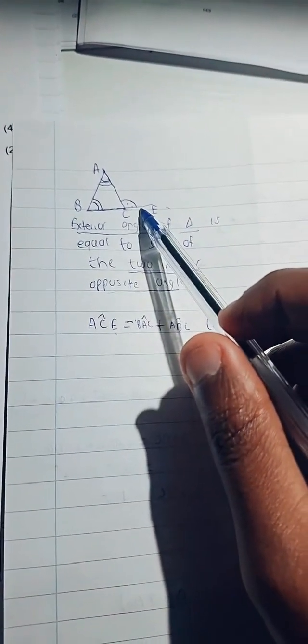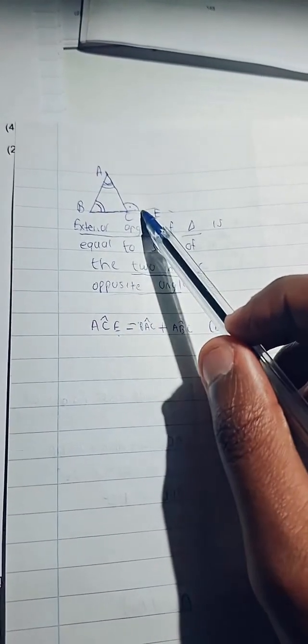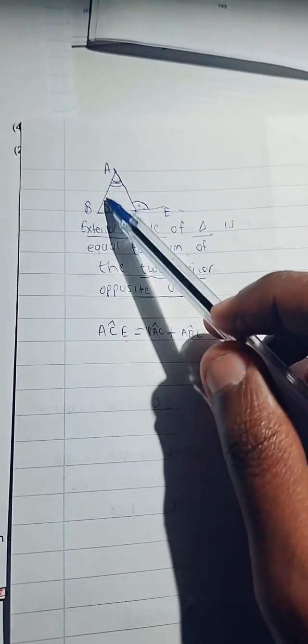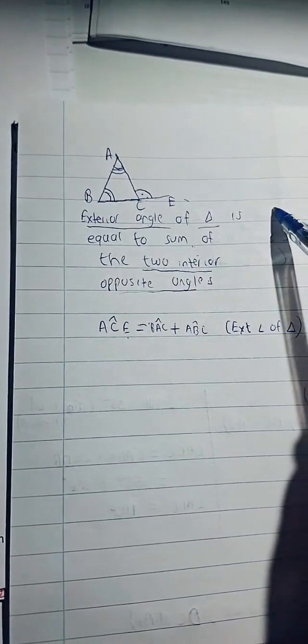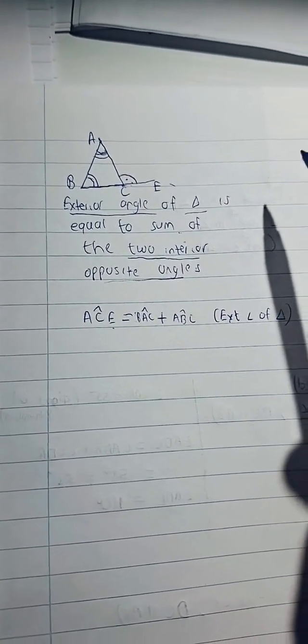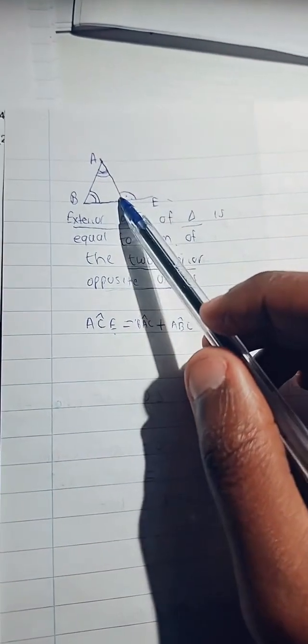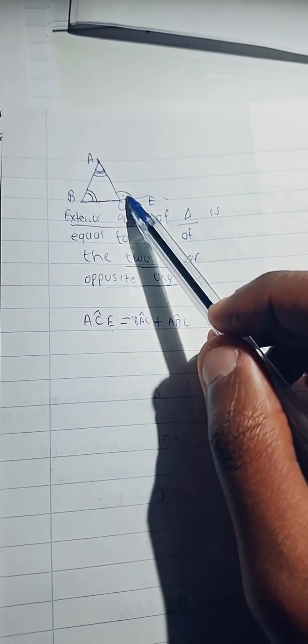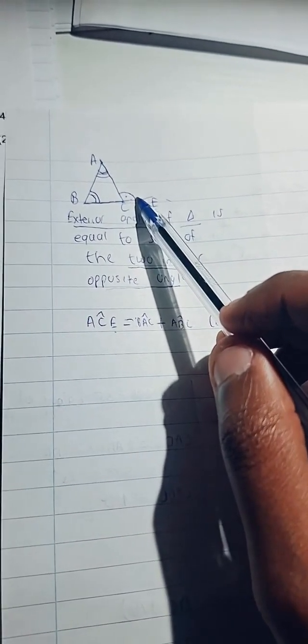Very important. The exterior angle of a triangle is equal to the sum of the two interior opposite angles. Always, always, always.